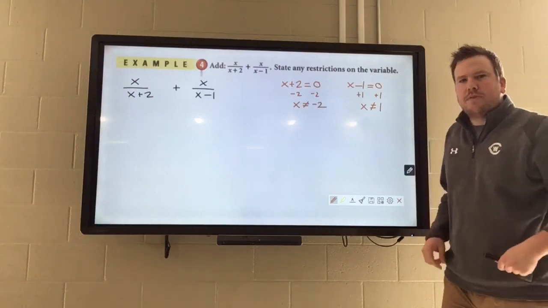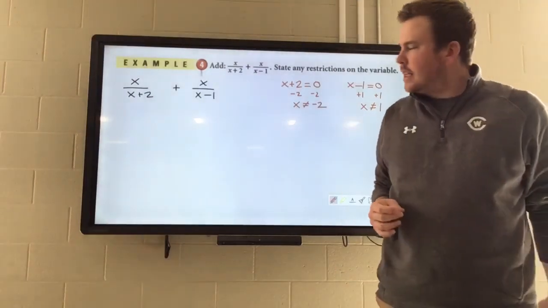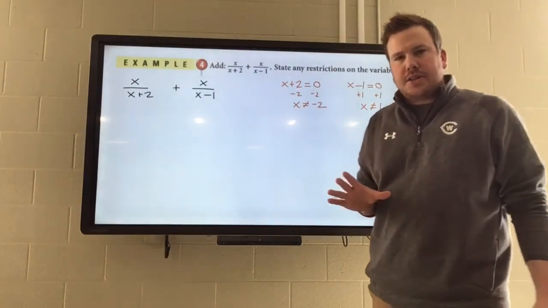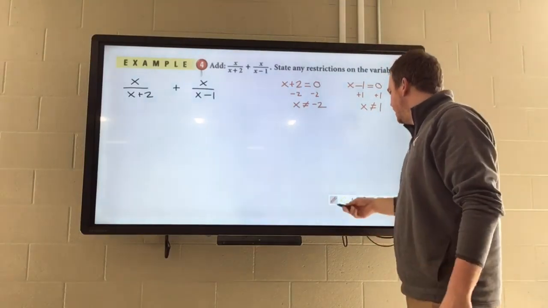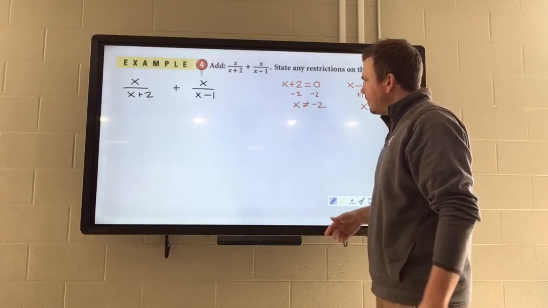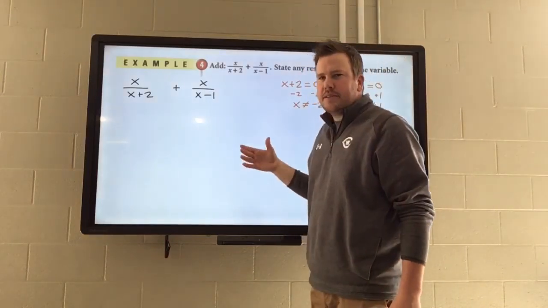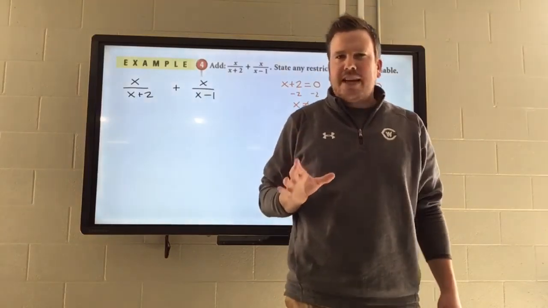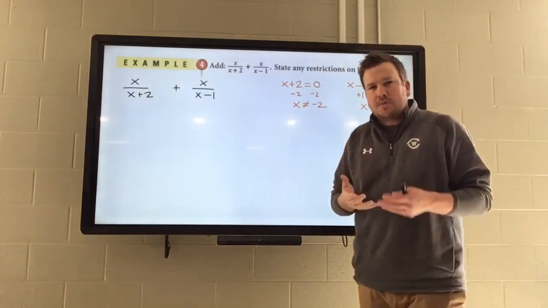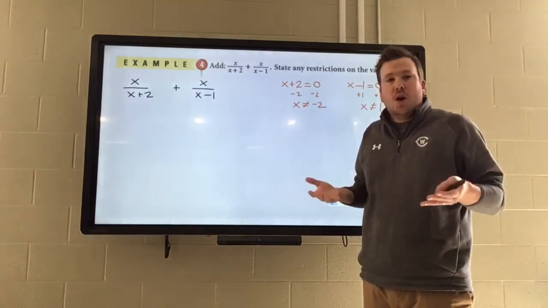Now let's actually perform the operation. When we add fractions, we need to make sure that we have a common denominator. So here's what we're going to do. In order to get common denominators, we are going to multiply both of these fractions by a really fancy form of 1. Because when you multiply something by 1, you don't change the value.